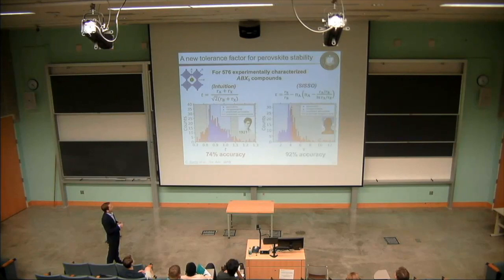Then, using the same input parameters, the ionic radii and the oxidation state of the A-site cation, which is itself an input to these ionic radii, we use SISSO to develop this new tolerance factor, tau. And we find that tau significantly improves upon Goldschmidt's parameter in terms of predictive accuracy, and it's able to separate perovskites from non-perovskites using a single decision boundary.